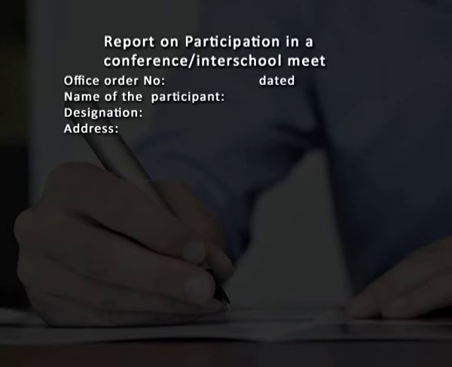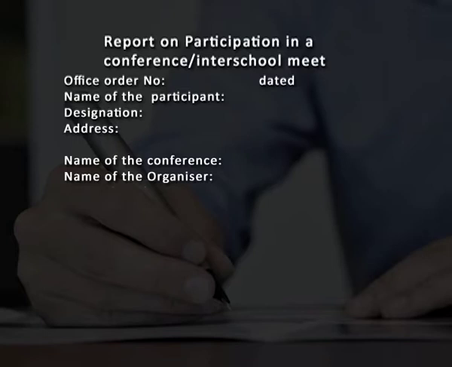Below that, you should write your name, your designation and address. You have to write the name of the conference, the name of the organizer and the venue of the conference and how long it has taken place, that is the duration of the conference.